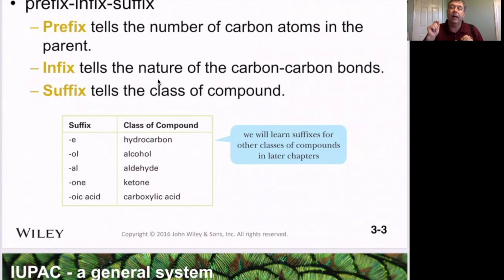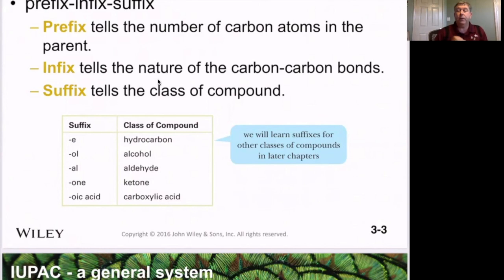That tells us that we have a hydrocarbon and there's no other type of functional group. If we have hexane and we drop the E at the end and add OL, we would have an alcohol. So it'd be hexanol, which tells us that we have a different functional group than just carbon-hydrogen bonds.